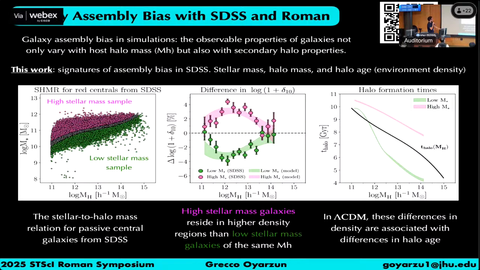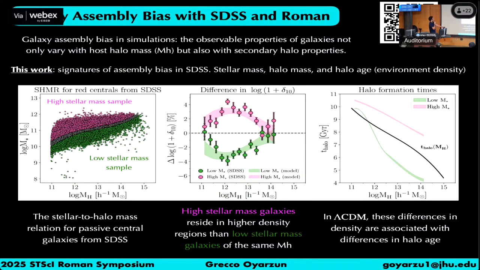On the left, you see the stellar to halo mass relation for passive central galaxies in SDSS. We defined 2 galaxy subsamples according to their stellar to halo mass ratios. High mass galaxies are shown in pink, and low mass galaxies are shown in green. We studied their large scale densities, which is what's plotted in the middle figure.